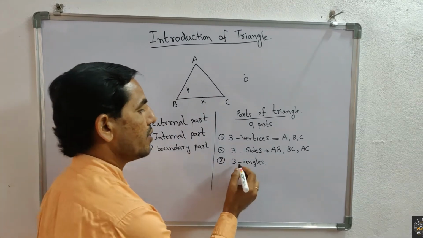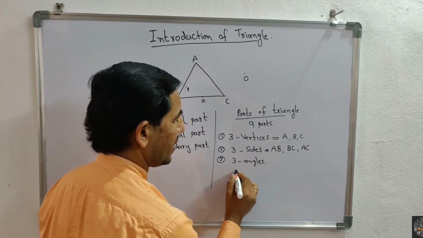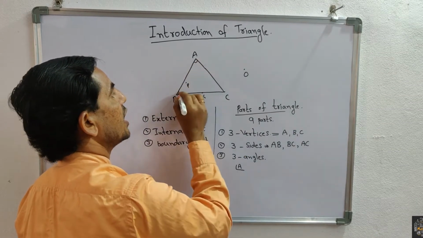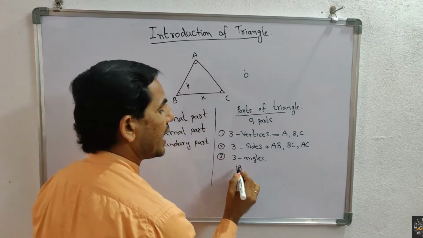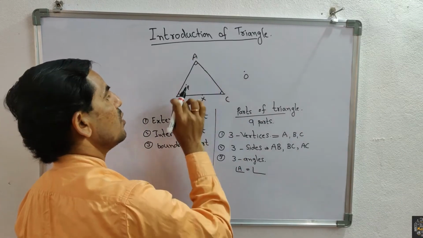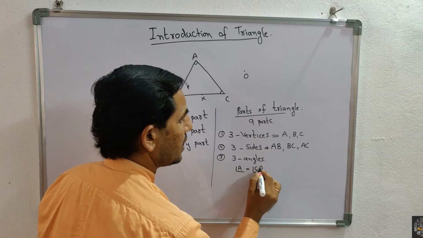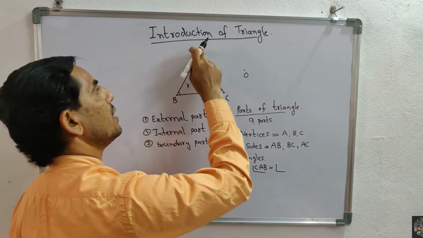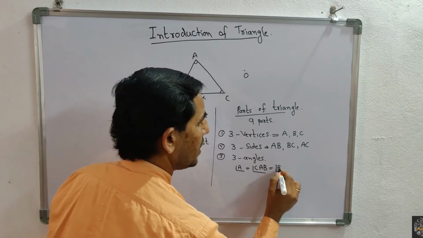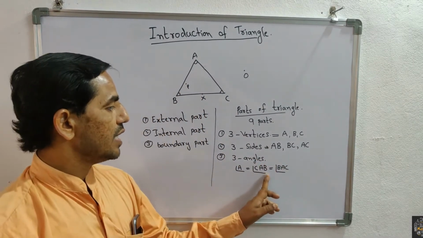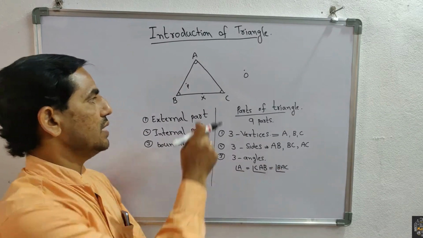Next I am taking angles. I will write angle A, angle B and angle C. Angle A can be written as angle CAB or angle BAC.